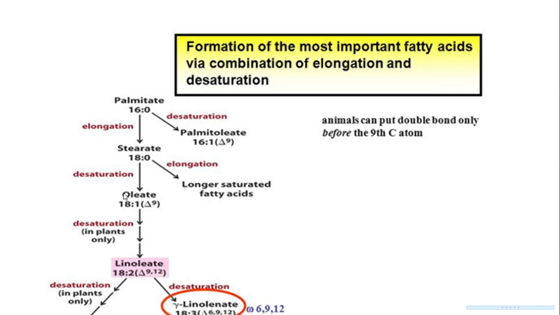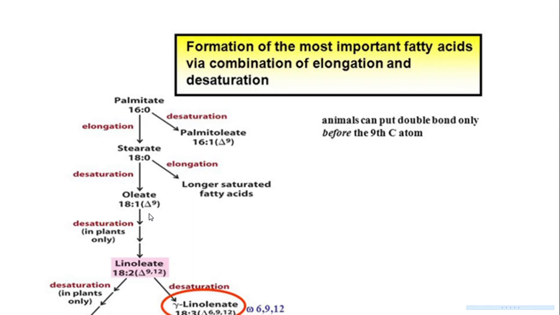Now, when you desaturate it, you are going to get oleate. The oleate looks exactly like the stearate, just that it has a double bond on carbon 9, a single double bond. For that matter, it is unsaturated.